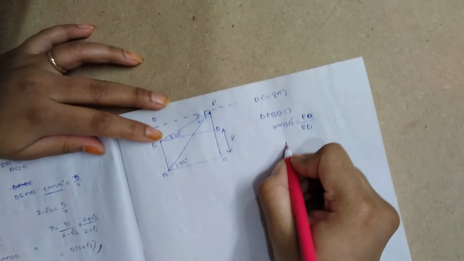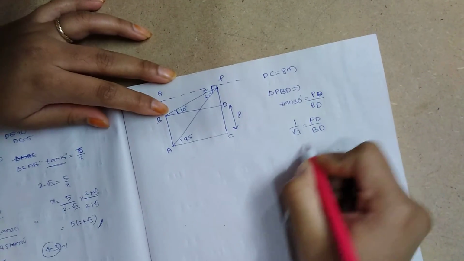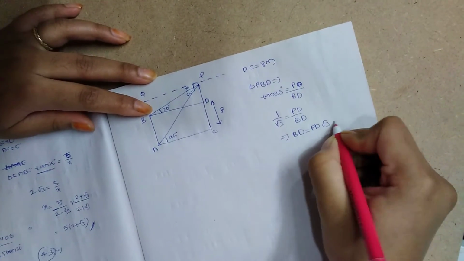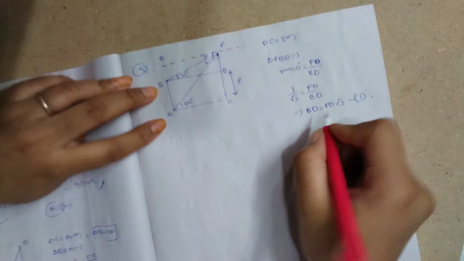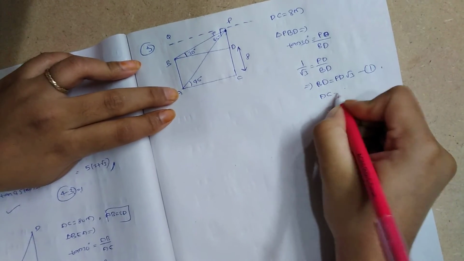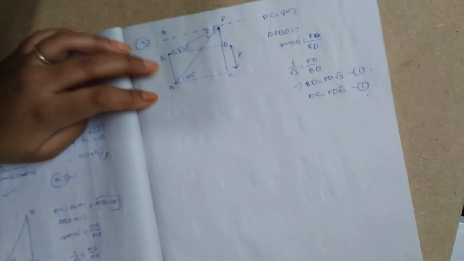Okay, write the value of tan 30, PD by BD. Now, BD is equals to PD root 3. Agree? First equation. Now, as BD is equals to AC, we can write it as AC is equals to PD root 3.